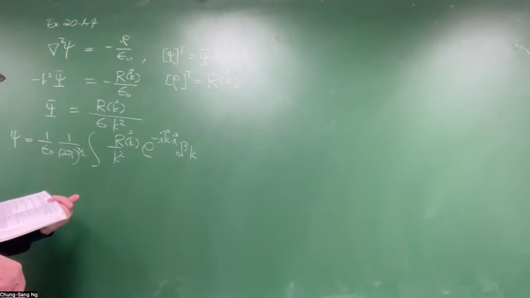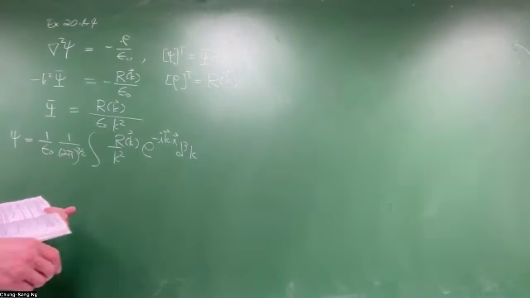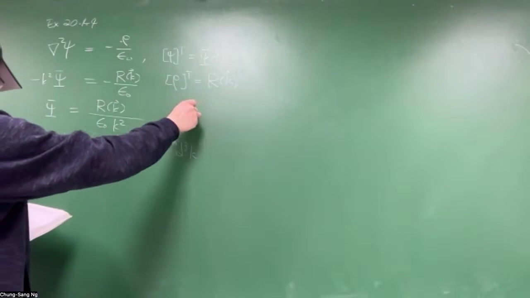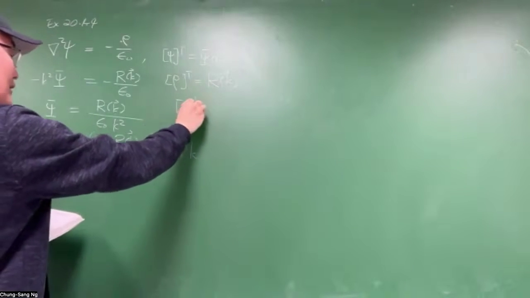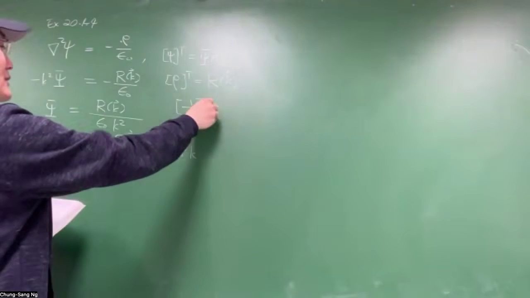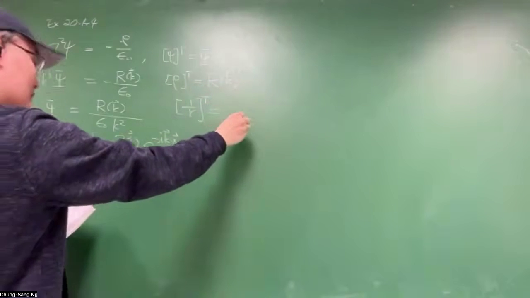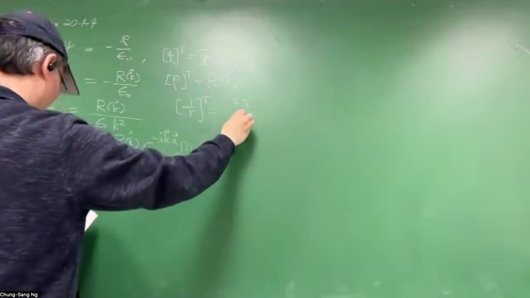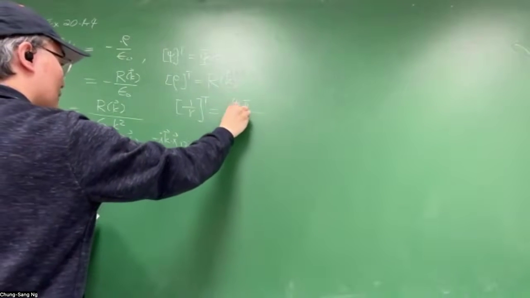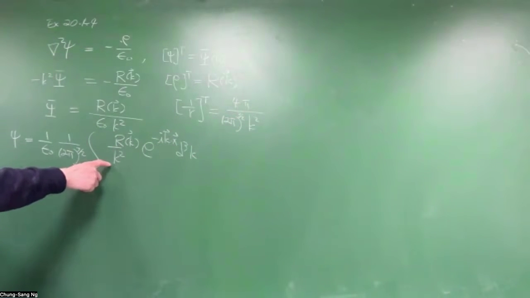If f is 1 over r, from example 20.4.1, we saw that r is the 3-dimensional radial coordinate, just the square root of x squared plus y squared plus z squared. And the Fourier transform of that, copying from the example, is 4 pi over k squared.